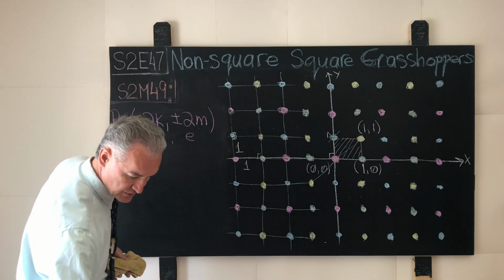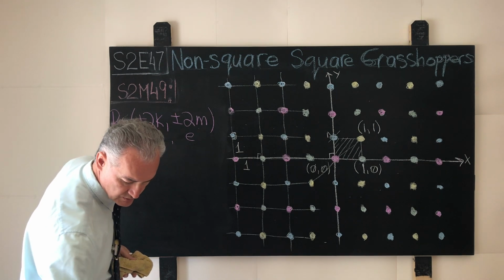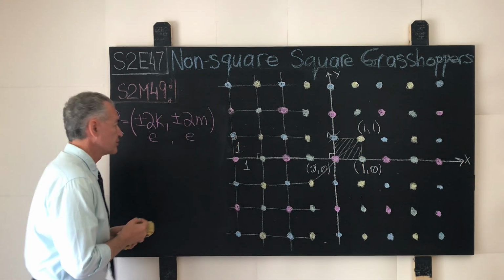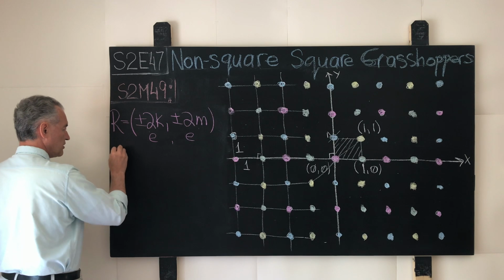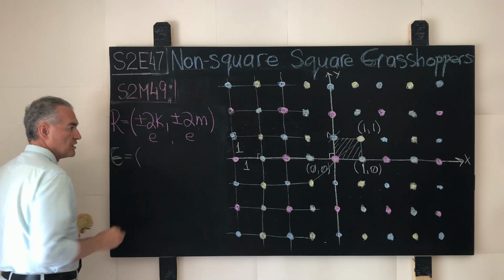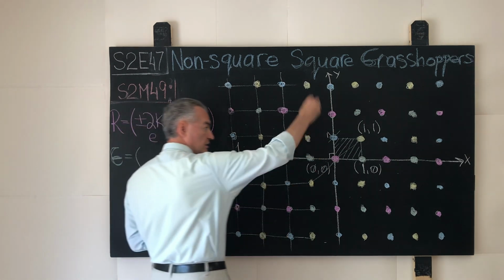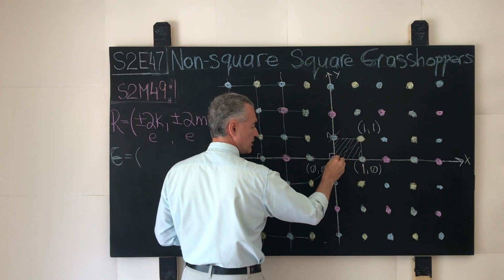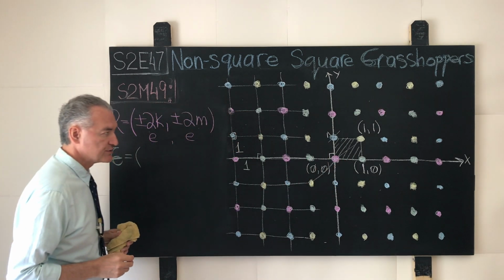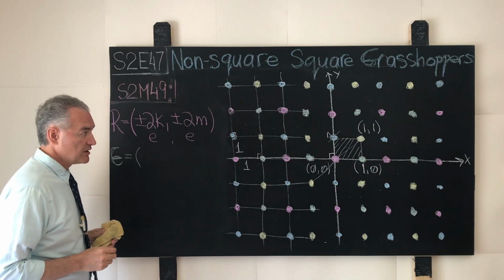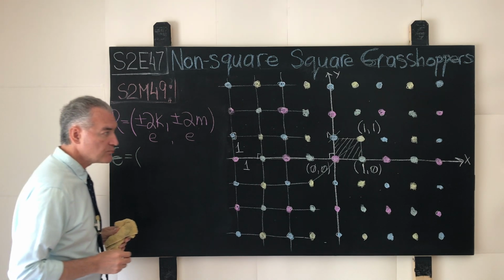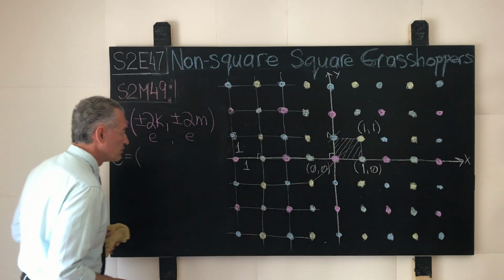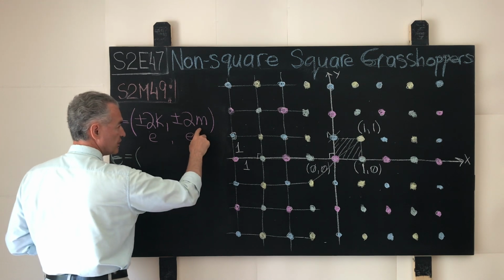Awesome. Which one is the next one? Let's do the green one next. What is the structure of the green points? We see that vertically, the green points are displaced with respect to the x-axis in the same way in which the red points are displaced. That means that the y components of all the green points will be the same as the y components of the red points, and these are 2m.